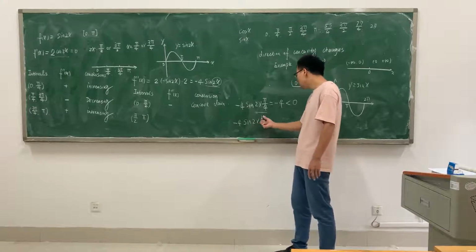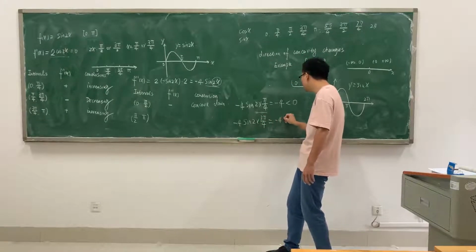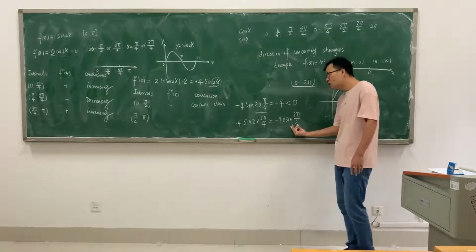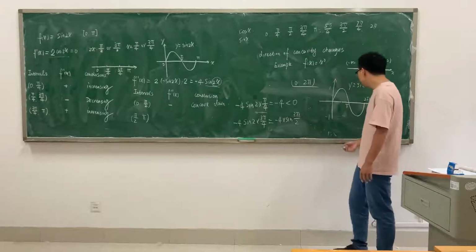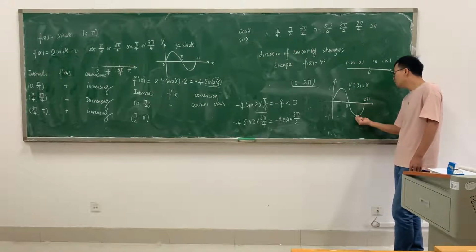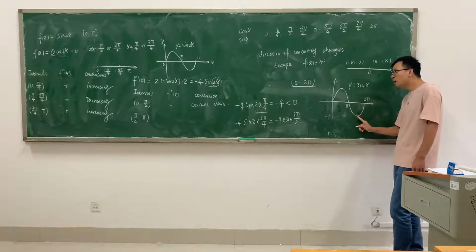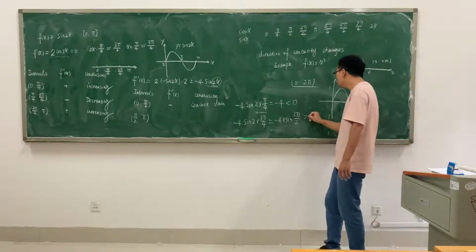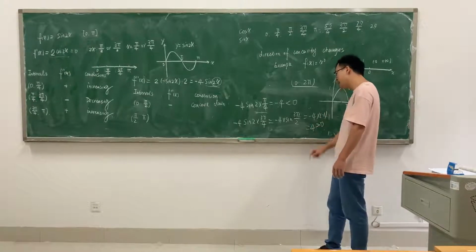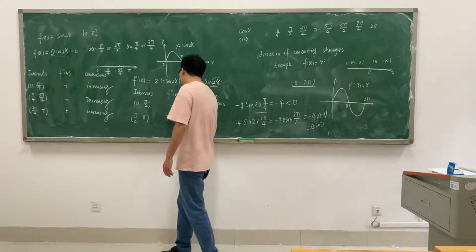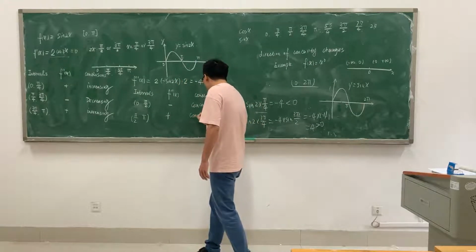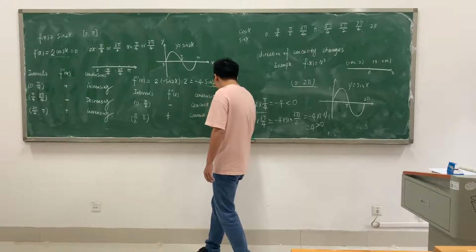So here 2 times 3 pi by 4 is 3 pi by 2, so it is minus 4 times sine 3 pi by 2. So sine 3 pi by 2 is what? 3 pi by 2 is here, this point is minus 1, yeah? So it is equal to minus 4 times minus 1, so equal to 4, greater than 0. So here is positive, so here it's concave up.